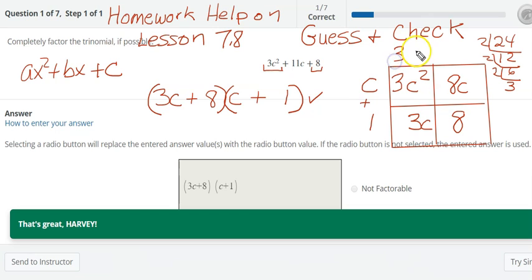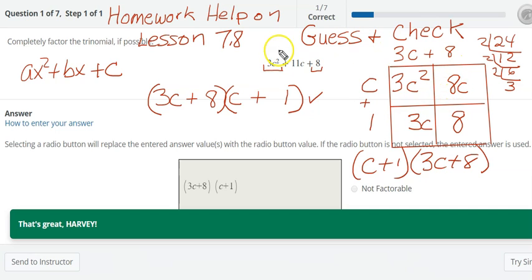Well, a 3C. And out of this column, we could factor out an 8. So our factors then would be C plus 1 along the side and 3C plus 8 along the top. And that's what we have.